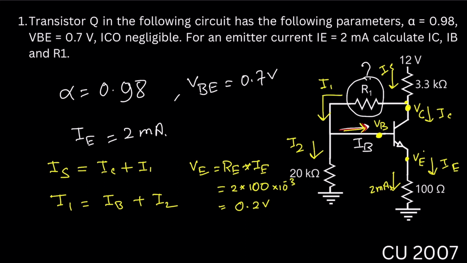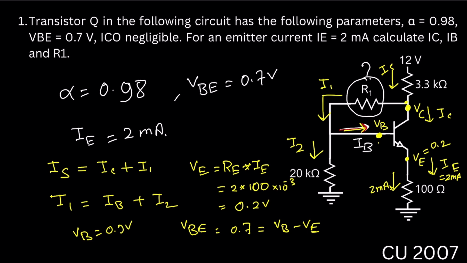So VE equal to 0.2 volt and IE equal to 2 milliampere. Now we know VBE equal to 0.7 volt, and that equals VB minus VE. We already know the value of VE is 0.2 volt. That means VB will be 0.9 volt.